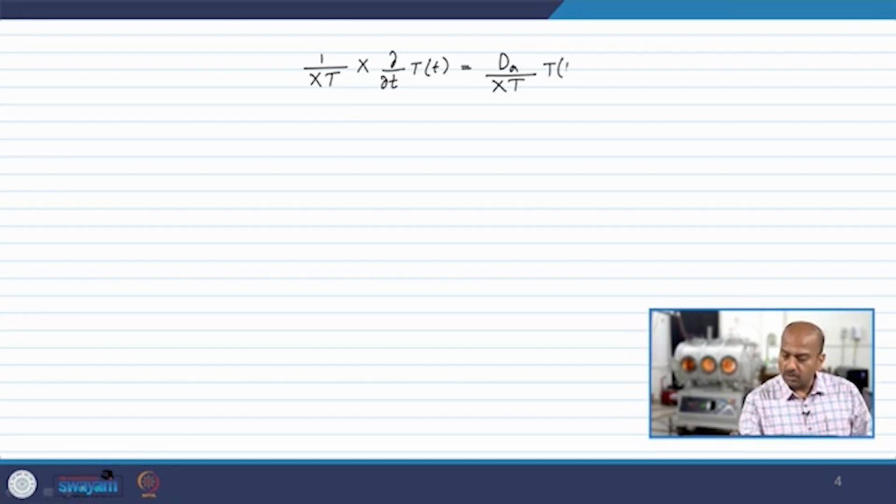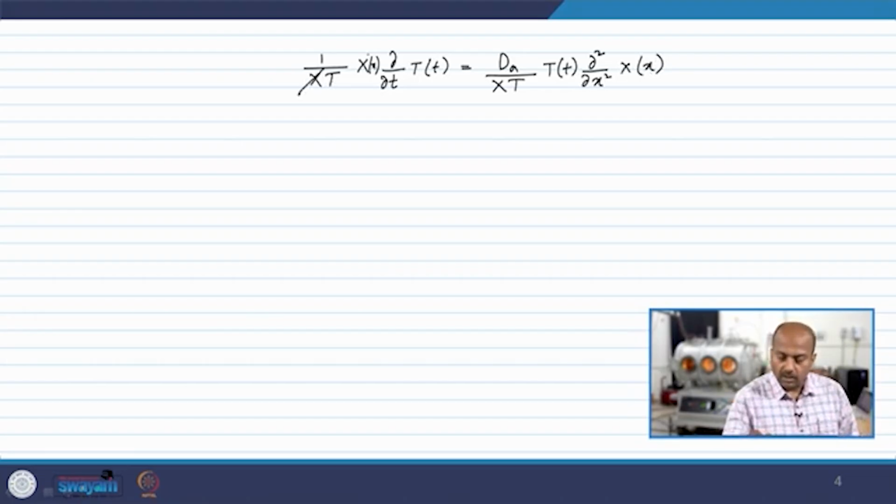So, we can write it as 1 by XT, because we are dividing by XT, times X dou by dou t of T(t) is equals to dA divided by XT times T(t). It is implicit, it just helps if it is written explicitly, dou square of X(x), right.